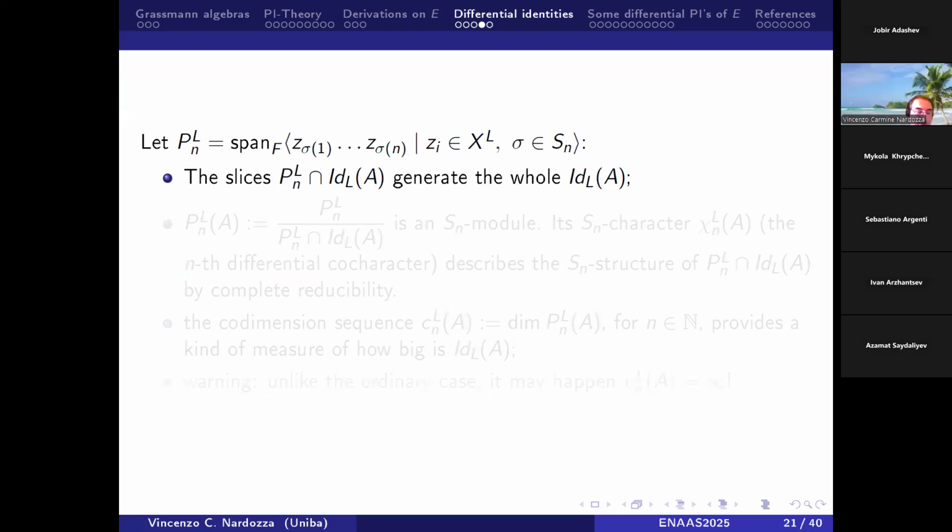In this framework, differential multilinear polynomials play their role, analogous to the one ordinary multilinear polynomials play for ordinary algebras. That is, the set of differential multilinear polynomials, all polynomials which are in the span of differential monomials, is denoted by P_n^L, differential under the L action.